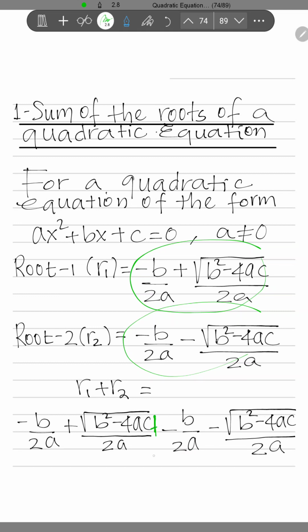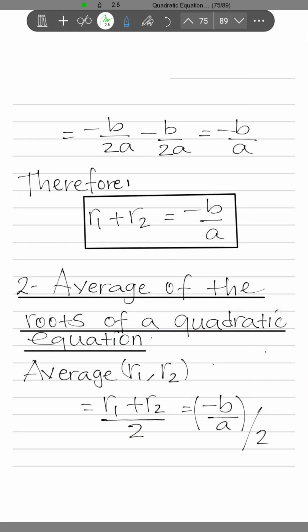When we add them, the square root terms cancel out, but we will have minus b over 2a and another minus b over 2a, which is minus b over a. Half of minus b over a plus another half of minus b over a is one full minus b over a.